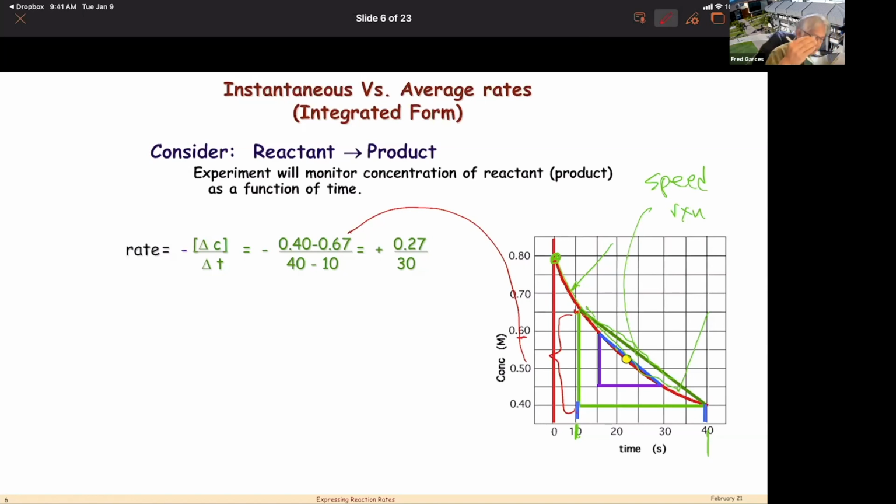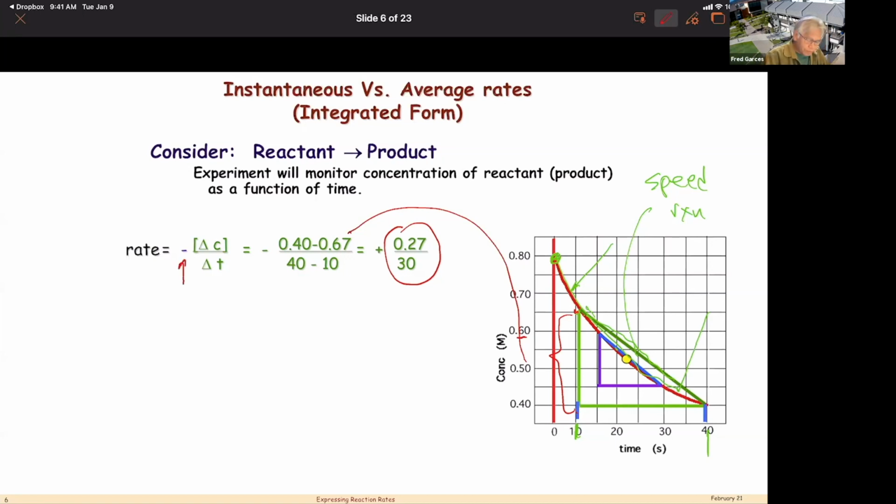So in this particular case, you actually need to take 0.67. It's just that difference, okay? 0.67 minus 0.4, and then 40 over 10 minus 10. And so if you do that, you get 0.27 over 30. And you can get a numerical value on that. And because it's a disappearance, you put a negative in front of that.